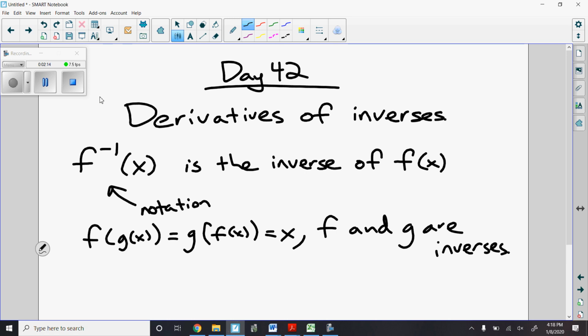Inverse functions have similarities between their derivatives at the points that transfer between the two. Let me just draw a little graph for you to get an idea of what's going on.